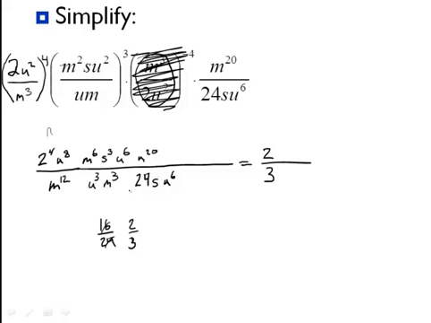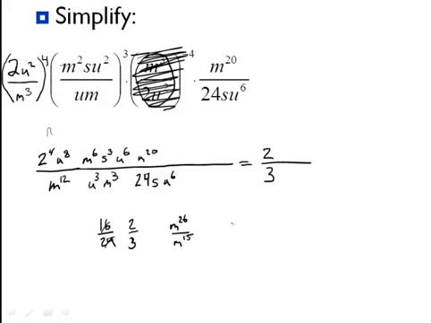Now maybe I'll look at the different letters. There are 3 letters in total. There's m's, s's, and u's. If I look at the m's, there's a total of 6 factors of m here and 20 here, so 26 factors of m on top. And then there's 12, 15 total m's on the bottom. And who wins that battle?